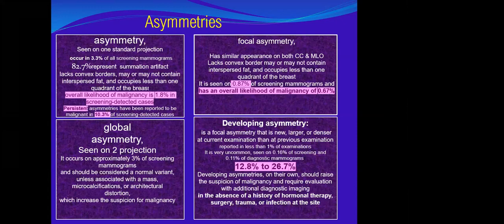But if the asymmetry is persistent, then the reported malignancy rises up to 10.3%. Okay. So how could we approach the asymmetry?